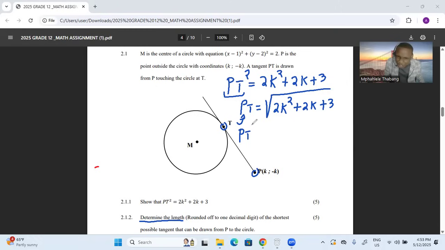So I'm going to call it PT prime equals to, unfortunately now, differentiating the square root of 2k squared plus 2k plus 3. It is not part of grade 12, because the skill that we need to differentiate here is what we call the chain rule.